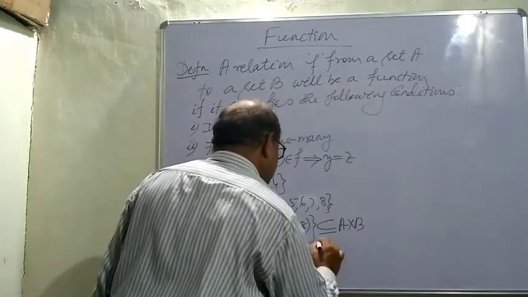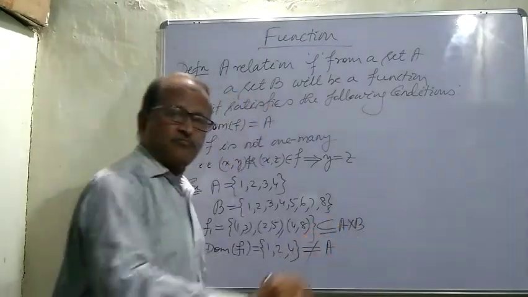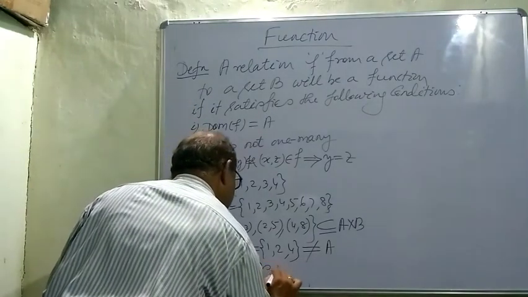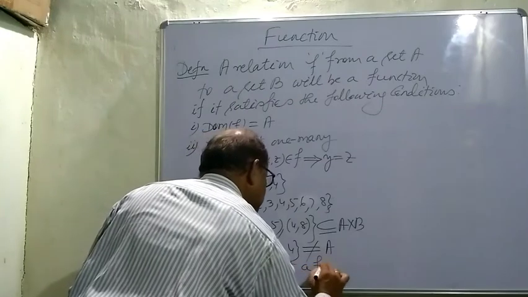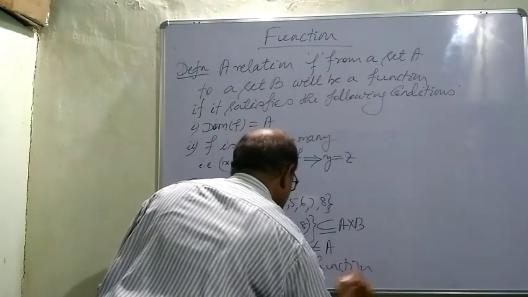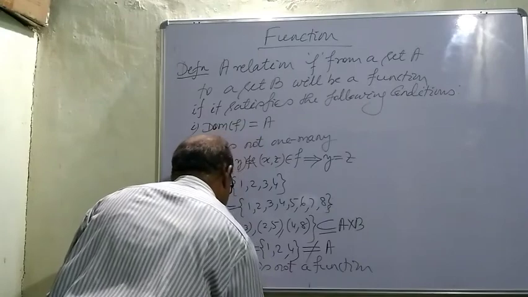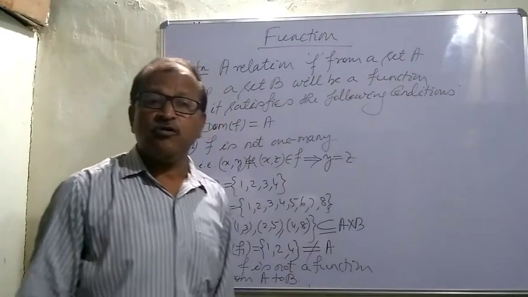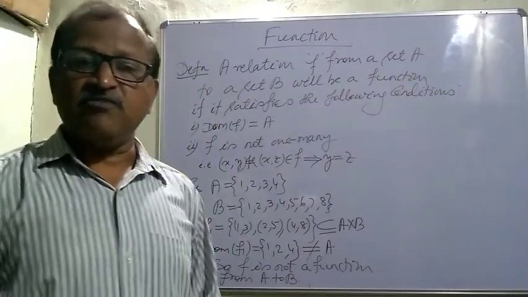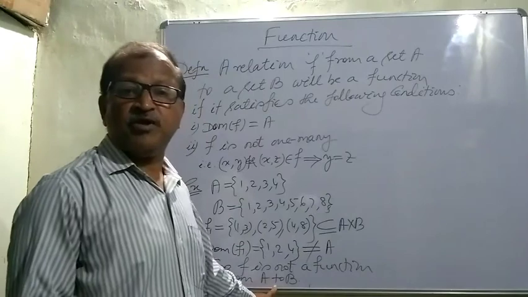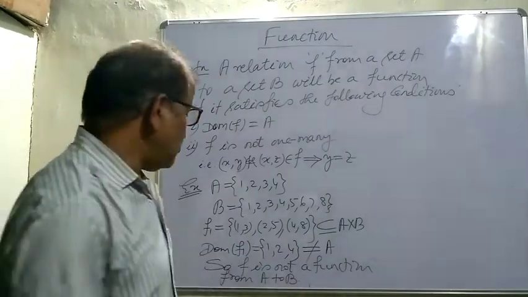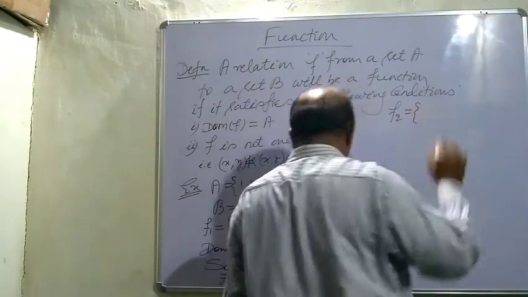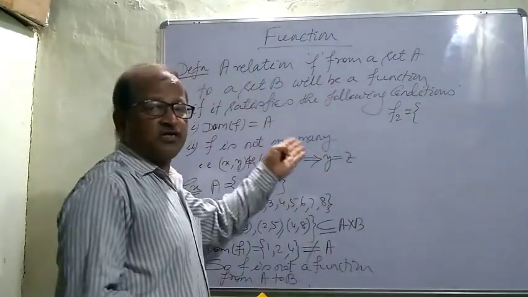So here the domain of the relation is not equal to A. So F1 is not a function from A to B. Why is it not a function? Because its domain is not equal to A.